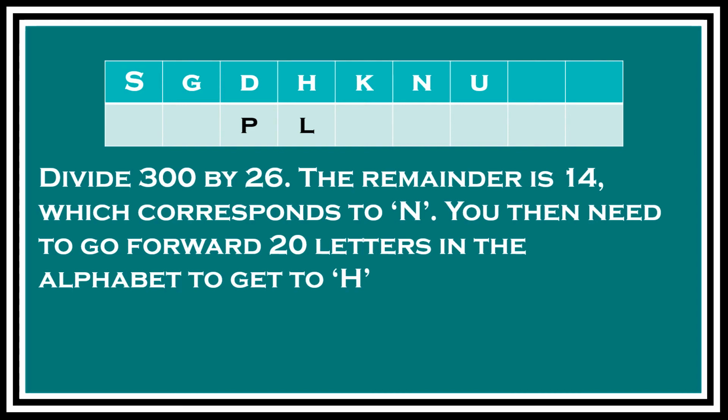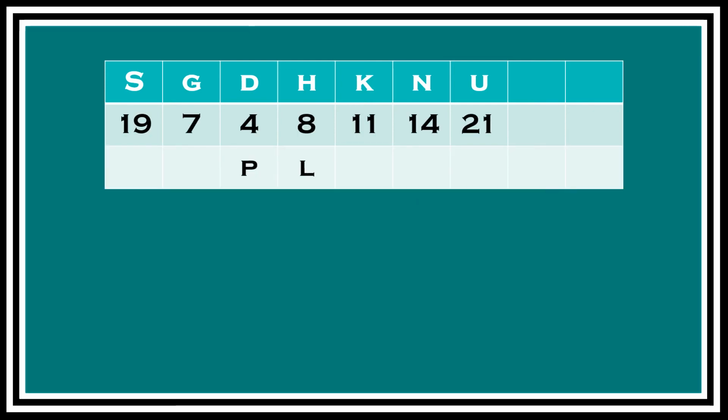The 14th letter of the alphabet is N, and to get from N to H, because L actually encodes to H, we need to go either backward 6 letters in the alphabet, or we need to go forward 20 letters around the long way to get to H. So that tells us that the Caesar shift is 20.